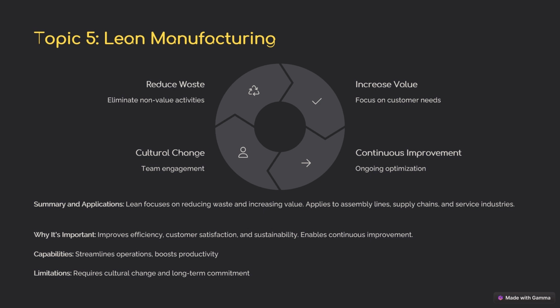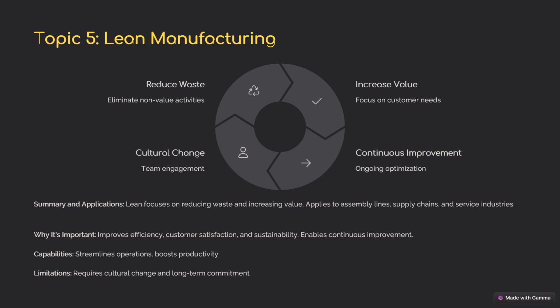It focuses on eliminating non-value-added activities like excess inventory, wasted time, waiting time, and unnecessary movement. A great example is the Toyota Production System, which uses lean principles to produce high-quality cars with minimal waste. Toyota is known for their reliability.